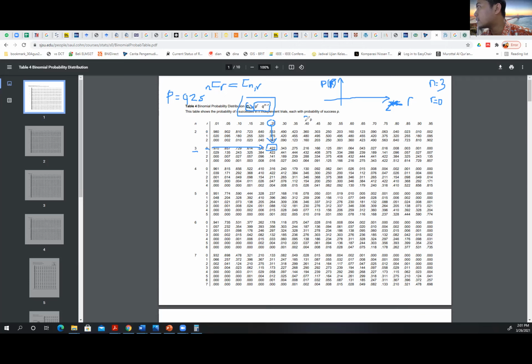The formula is 3 combination 0, times 0.25 to the power of 0, and this is 0.75 to the power of 3, because 3 minus 0. It is equal to, if you remember, 0.42, and it perfectly matches this result.